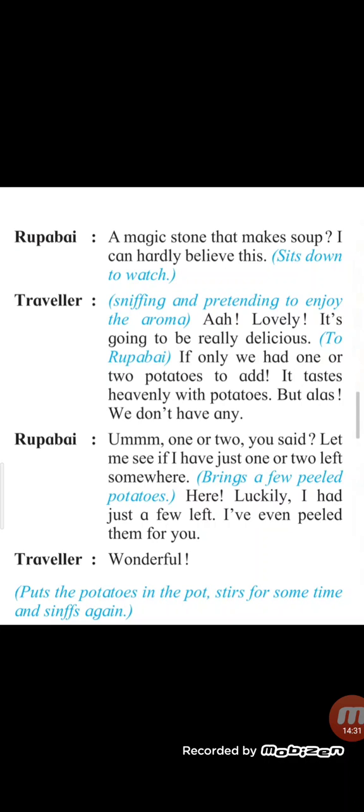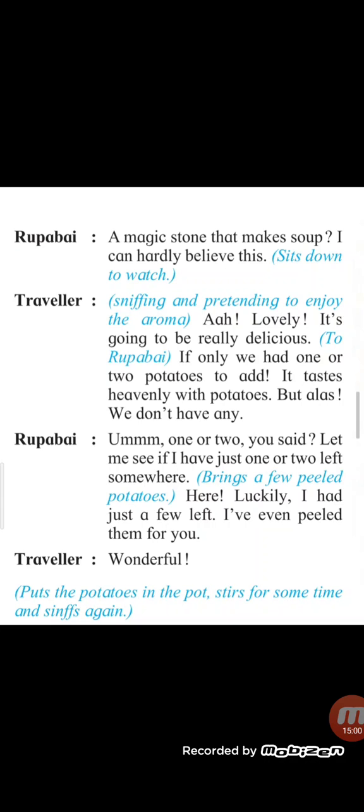Sit down to watch. The traveler, sniffing and pretending to enjoy the aroma: Lovely. It's going to be really delicious. To Rupabai: If only we had one or two potatoes to add, it tastes heavenly with potatoes. But alas, we don't have any.